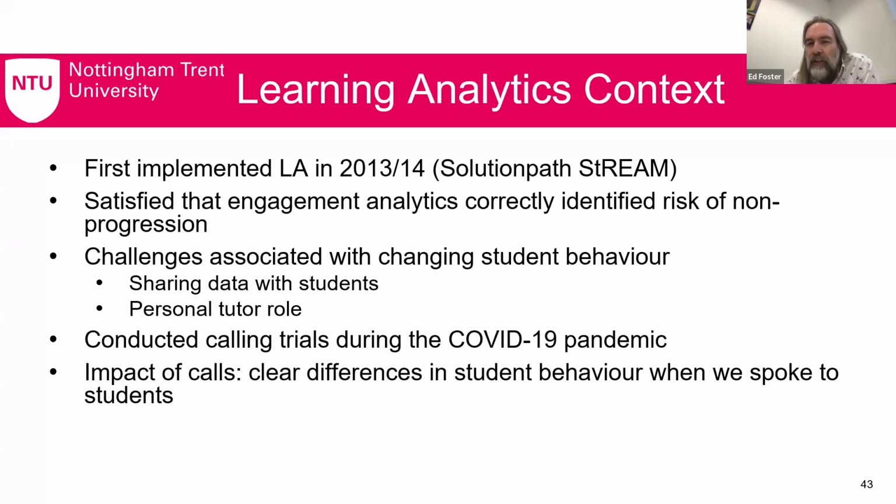So the context for NTU is we've been doing learning analytics for a while. We first implemented it in 2013-14, and I think like lots of people are using the Solution Path Stream tool. I think, as Rob indicated earlier in this presentation, what we were very happy with was that learning analytics could satisfactorily identify students at risk of non-progression or potentially underachieving in terms of their academic outcomes.